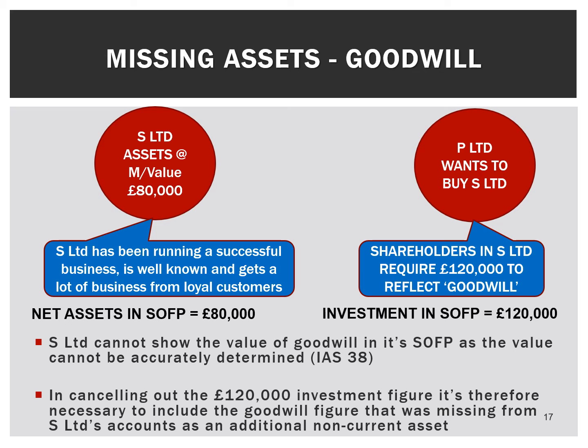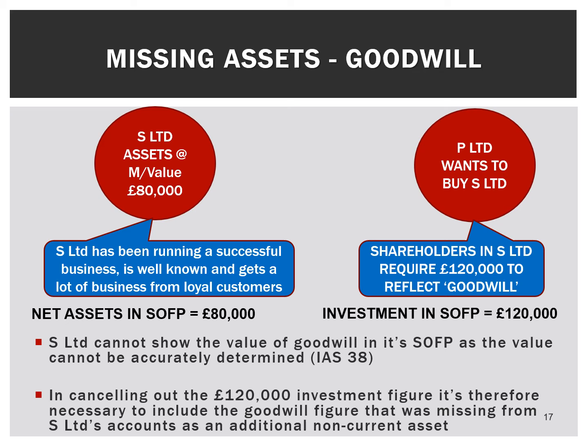So in this case, when we cancel out the two figures, we've now got to include that missing figure for goodwill, because now P Limited has actually purchased the goodwill from the existing shareholders of S Limited, and it's paid £120,000 in total, which means it's paid £40,000 for goodwill.